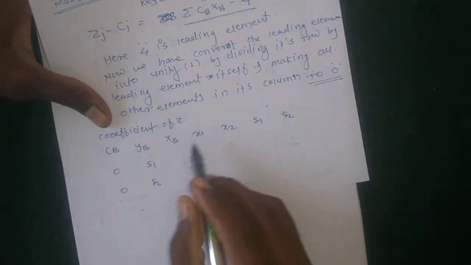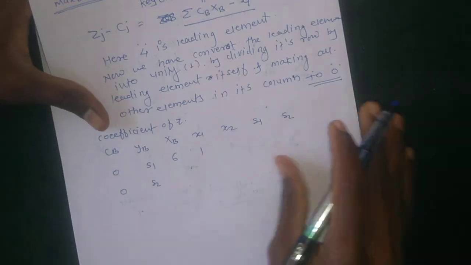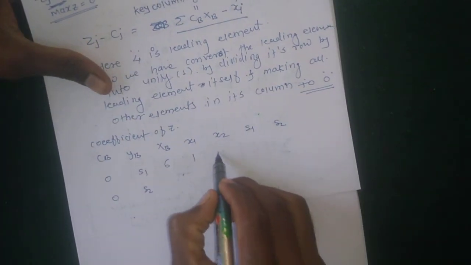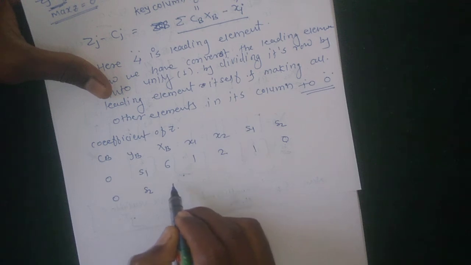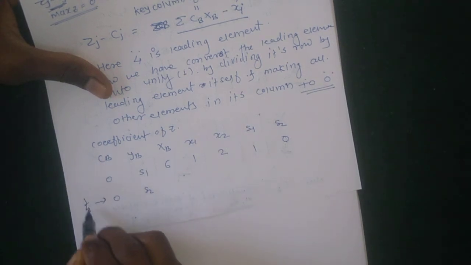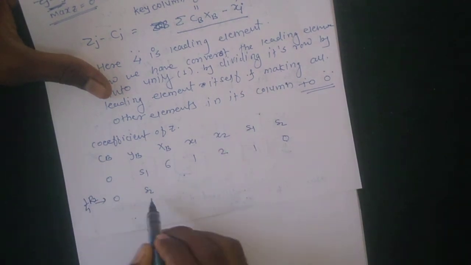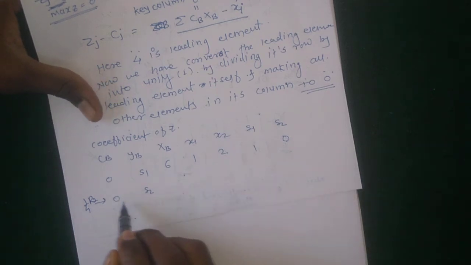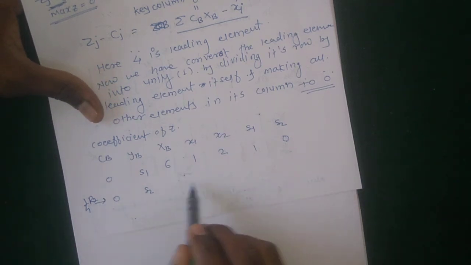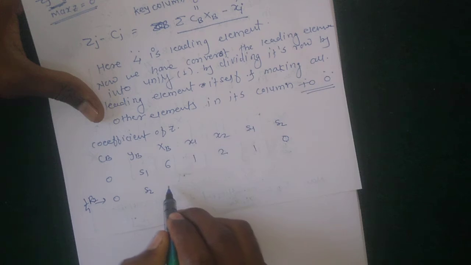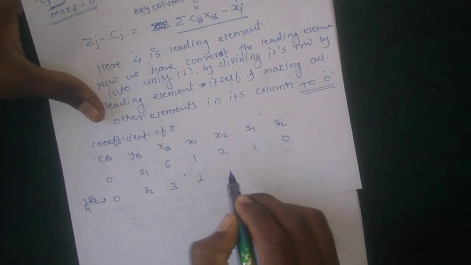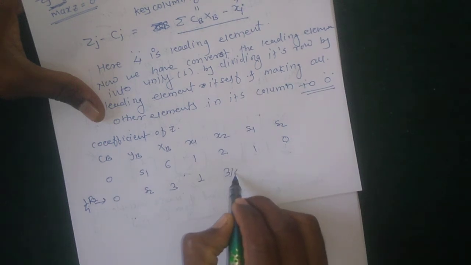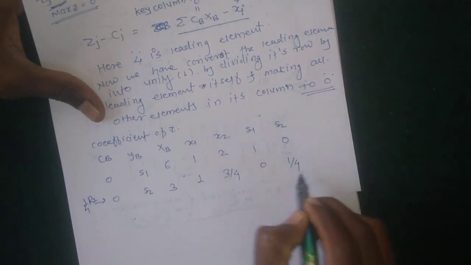Then this column is as it is, 2, 1, 0. For only this row, multiply by 1 by 4, that is divide by 4 each entry. So 12 divided by 4 is equal to 3. 4 divided by 4 is 1, then 3 by 4, then 0, then 1 by 4.